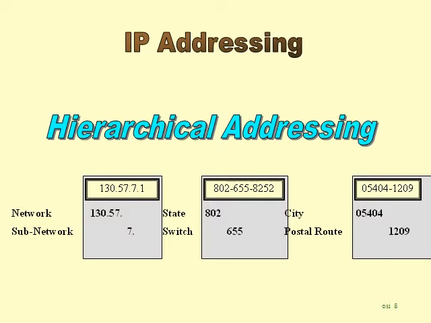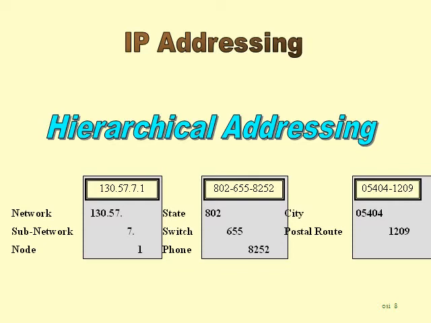So the first 3 numbers in this IP address identify the group of computers, which is the network, plus a subgroup of computers, which is known as the subnetwork. And in this case, it's 130.57.7. The final number there is a 1, which identifies the individual node, the server or the client or whatever on that network.